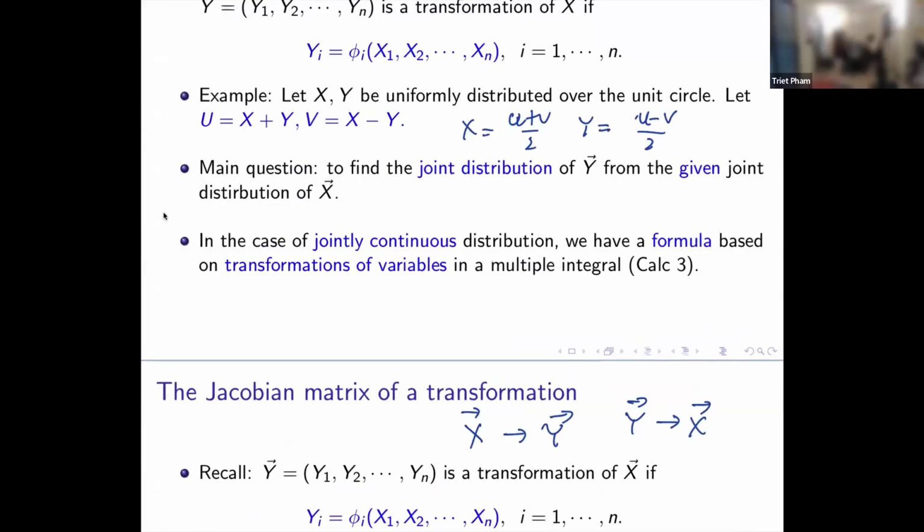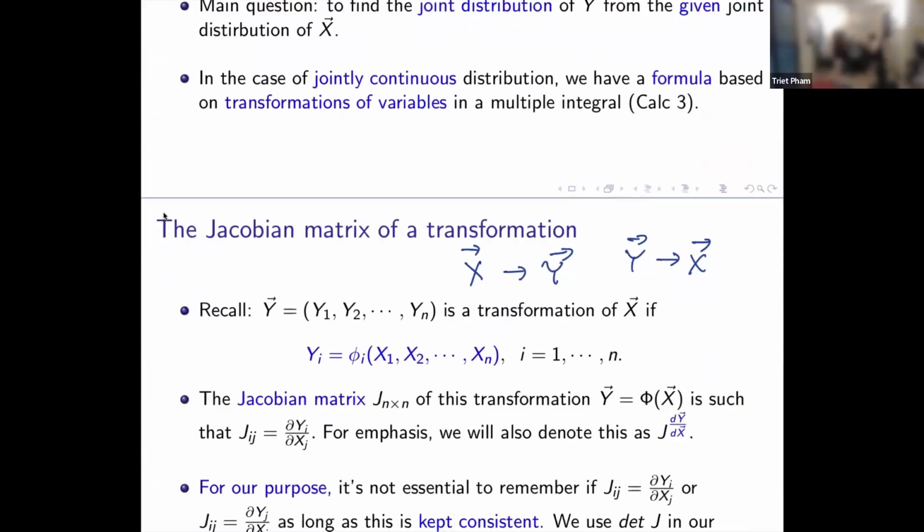This is the inverse map from this. They're related and the Jacobians are related, but they're not the same thing. Use the wrong Jacobian and you get the wrong result. So it's very important to pay attention to which direction we're talking about.